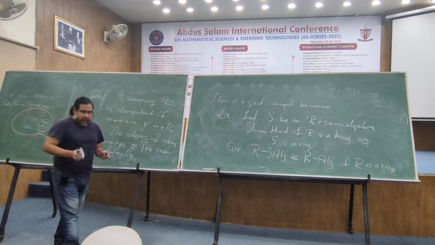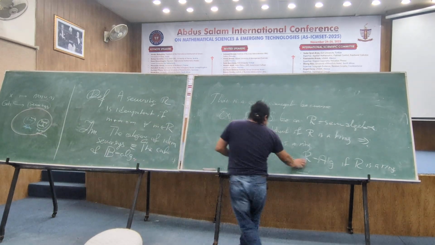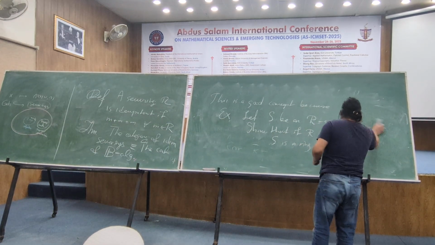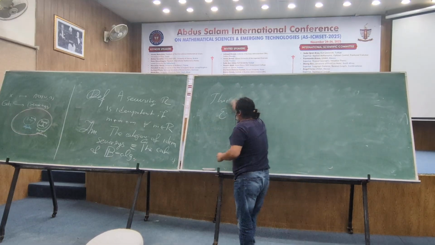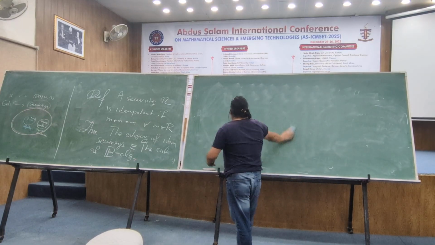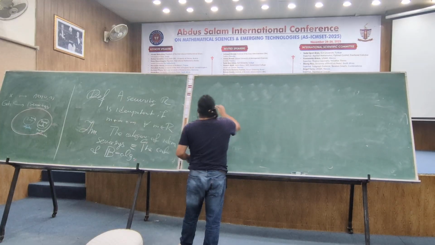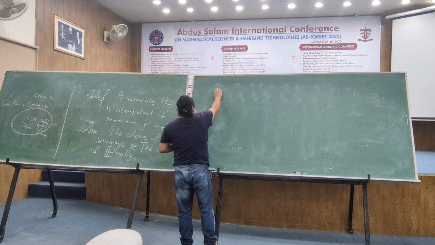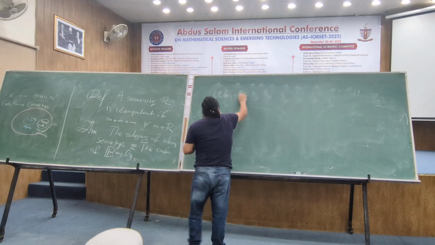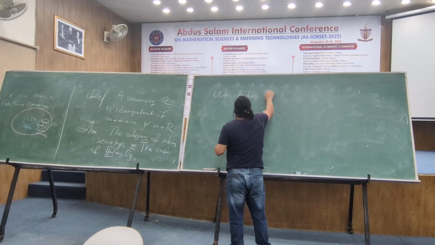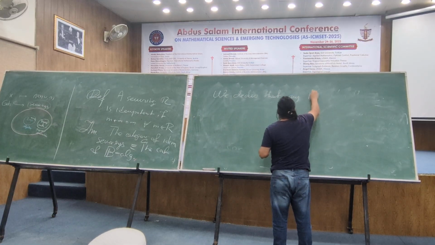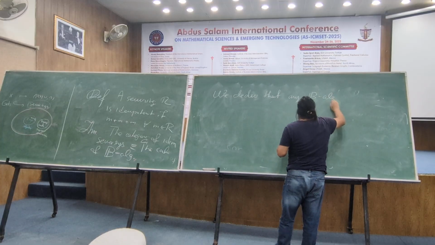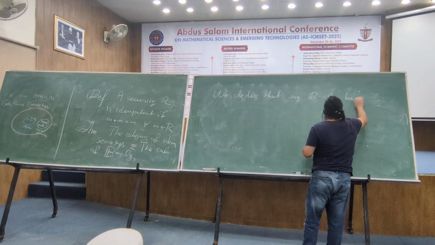I introduced an example which is T, but this is not how to do it. So we deduce that any B algebra has an order.